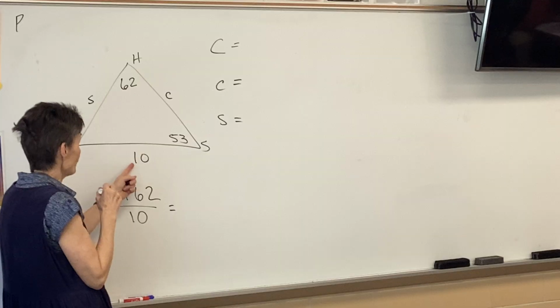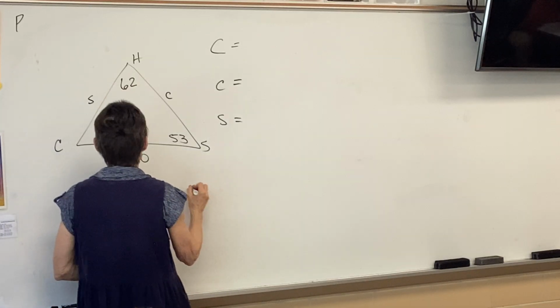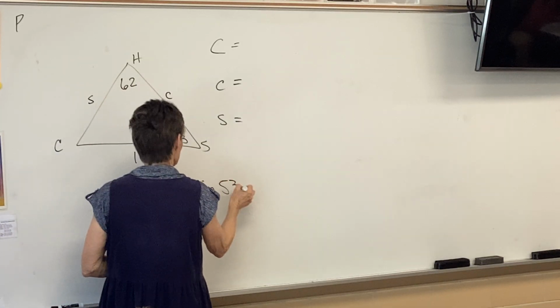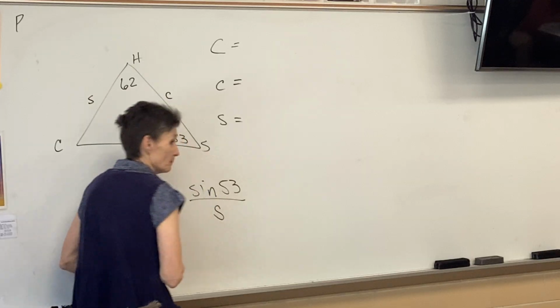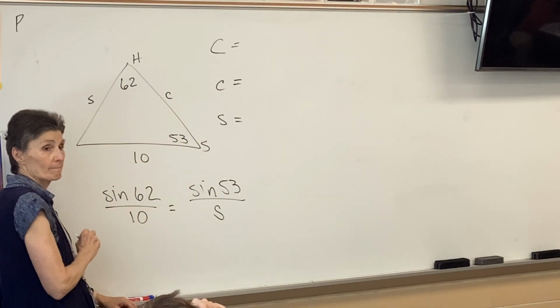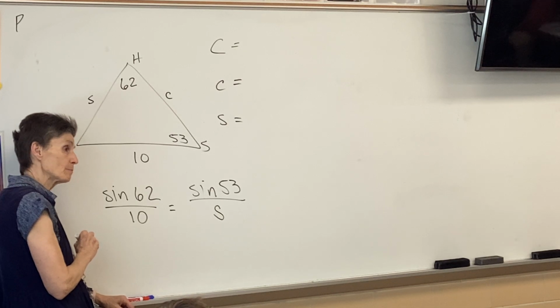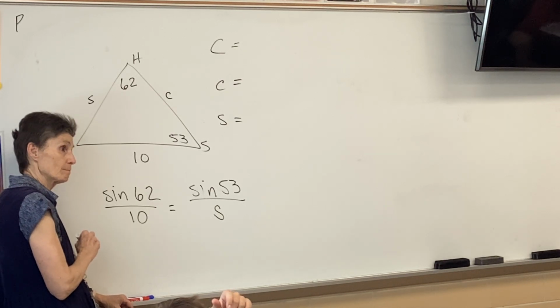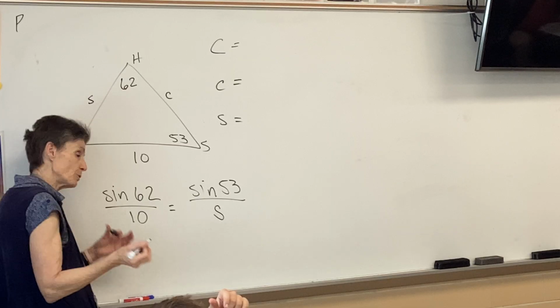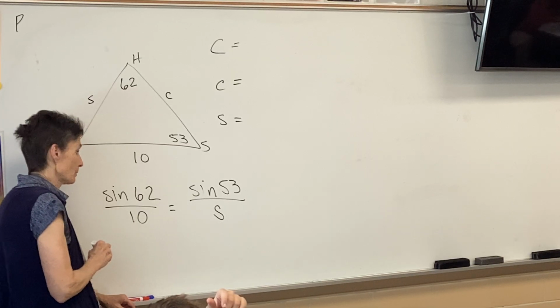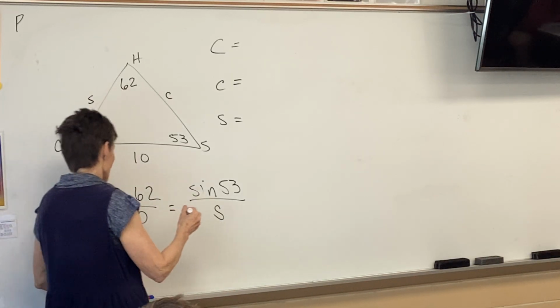So sine 62 over 10 equals sine 53 over S. Let's cross multiply.